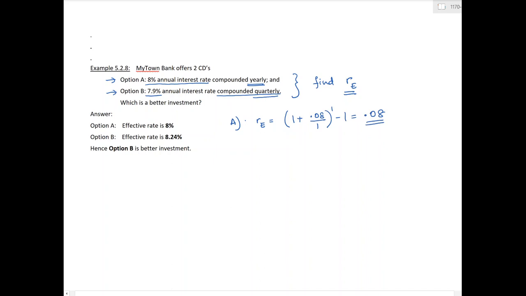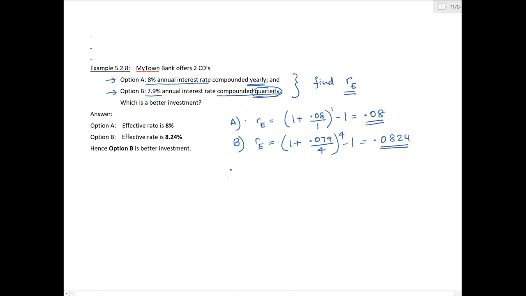Okay, so that's for option A. For option B, RE would be 1 plus the interest rate 0.079 over M, and M is 4 because it's quarterly, raised to the power 4 minus 1. Now again, if you use your calculator, you're going to get 0.0824. So that is the effective yield.